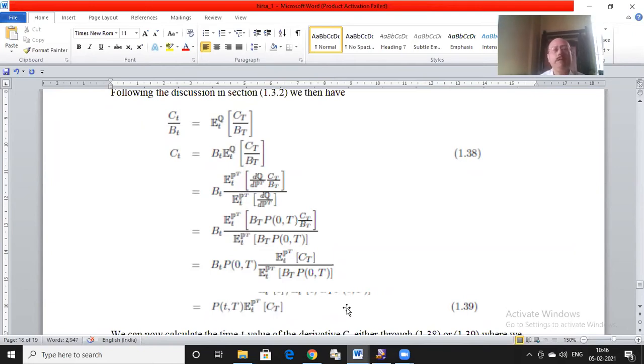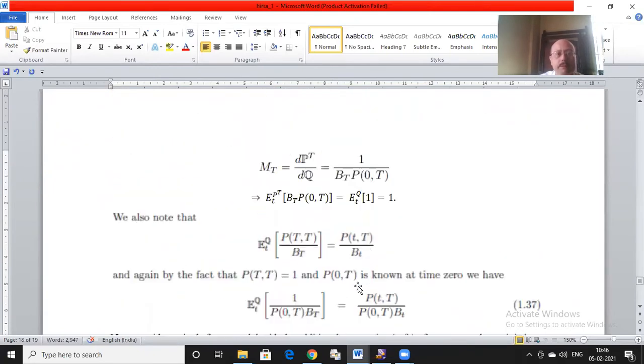So is this okay? I'm just making some changes in the numerator and denominator in order to change my probability measure. I want to move from my Q probability to my PT probability, and there I am using this relationship. This is the relationship that drives the change of probability.